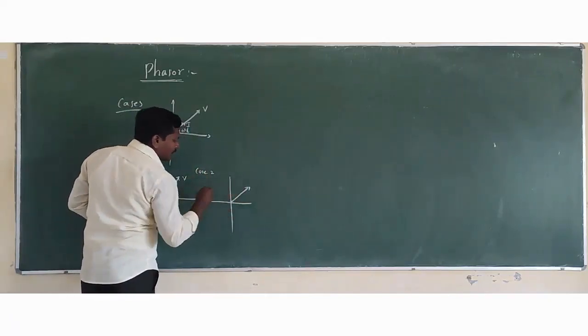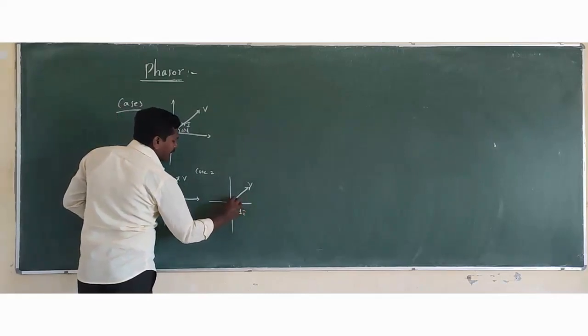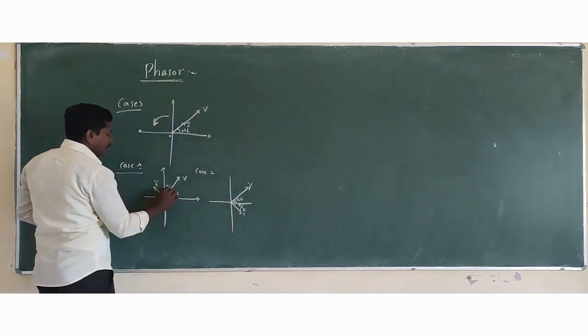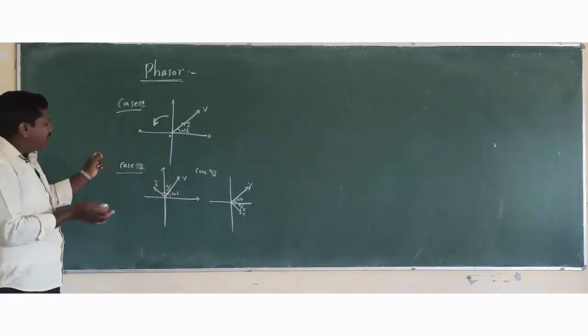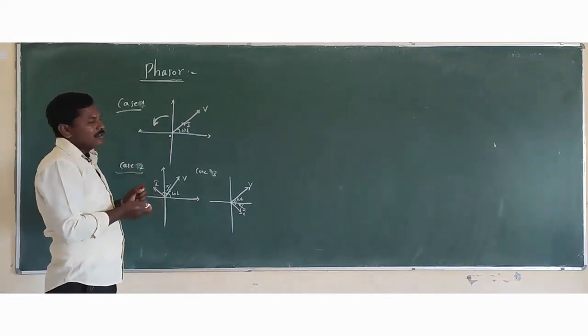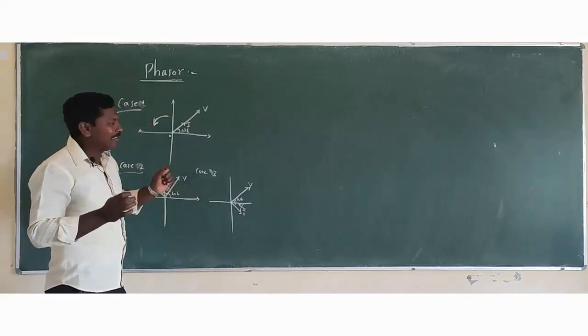So this represents a voltage and this represents the current. The angle between them is pi by 2. Here also we are going to get pi by 2. How these phasor diagrams we are going to get, we'll discuss by considering a resistor, capacitor and inductor.